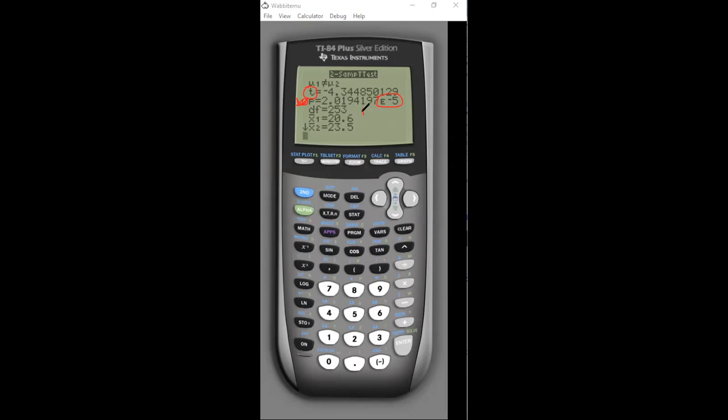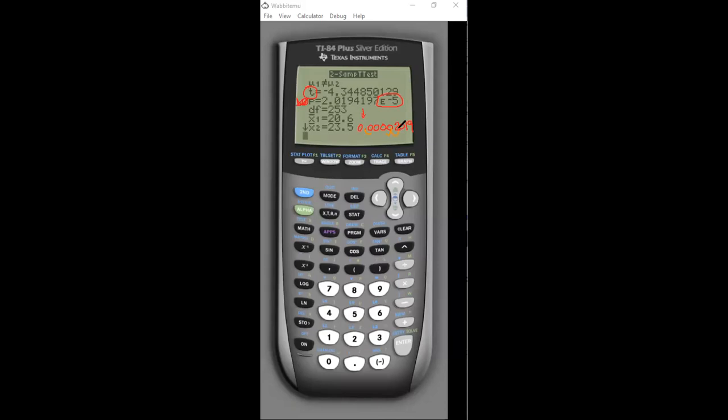That means you write this as 0.00002019, because e to the negative 5 means you move the decimal point 5 places: 1, 2, 3, 4, 5. So it's 2.0194.